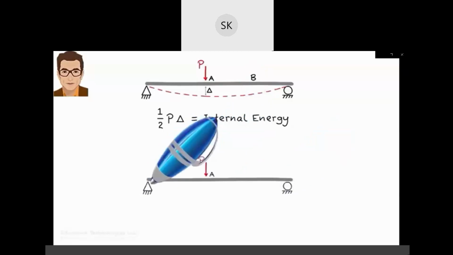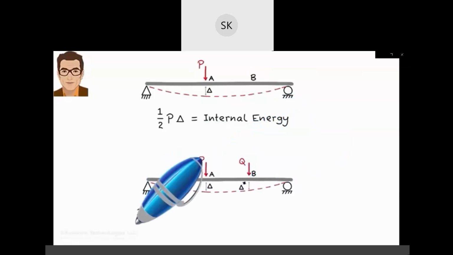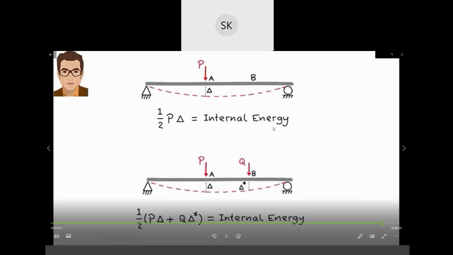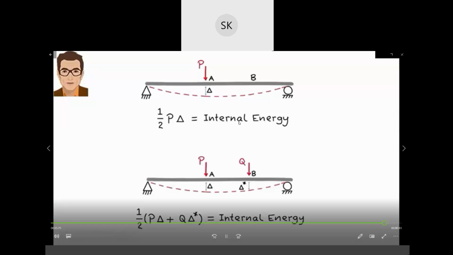Here's another example. The work energy equation for this beam is 1/2 times T delta plus Q delta star equals the internal energy. Here the displacement at B does appear in the work energy equation, but still we cannot calculate it. Why?